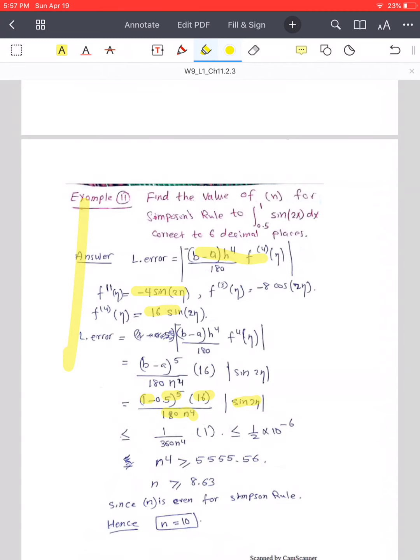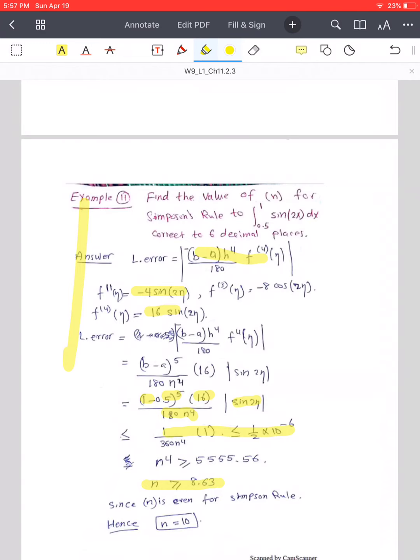When we put this in, again we have an inequality which contains n, but n to the power 4. Solve this inequality using a calculator, we find n greater than or equal to this number, which means n should be at least 9, without thinking about integers. The smallest integer larger than 6.63 is 9.